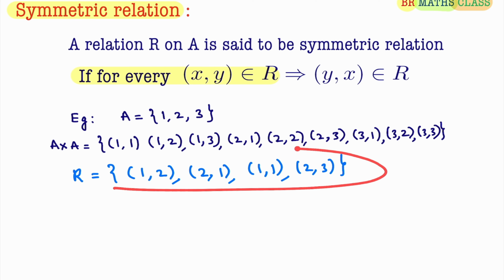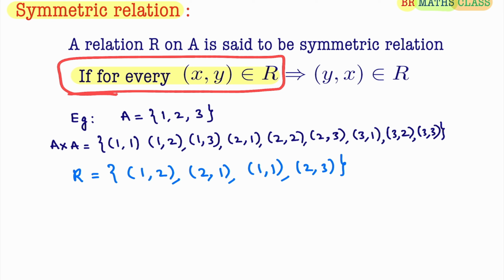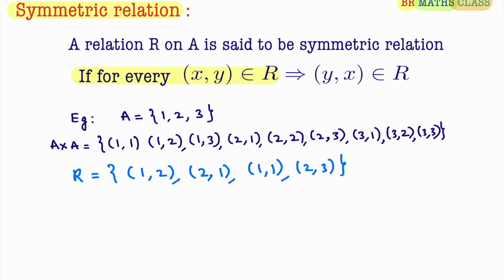When we say this relation is symmetric, to check it, we will check for every ordered pair in the relation. Come to this, (1, 2). For ordered pair (x, y), you need to check (y, x). That means for this ordered pair (1, 2), does (2, 1) exist in this relation or not? Look here, (2, 1) is there.